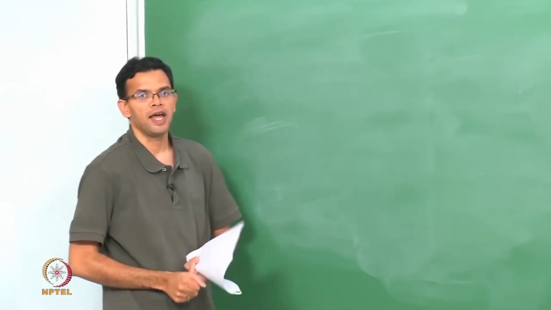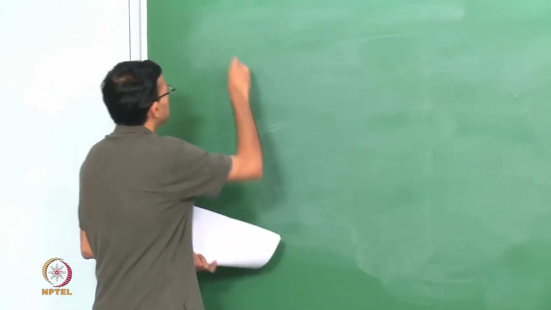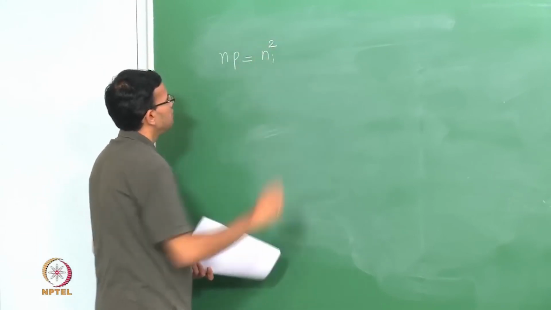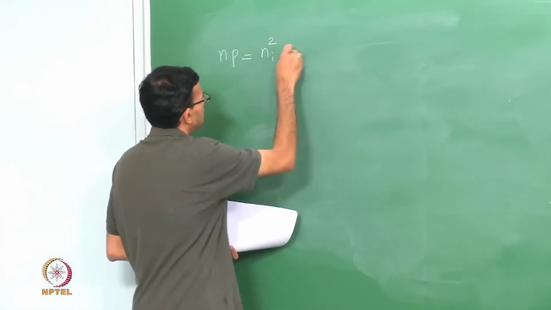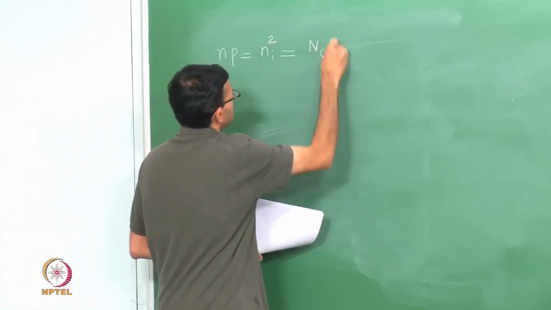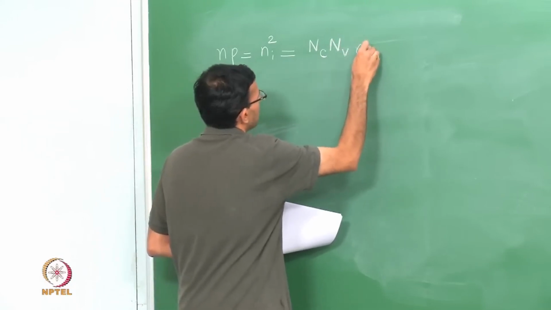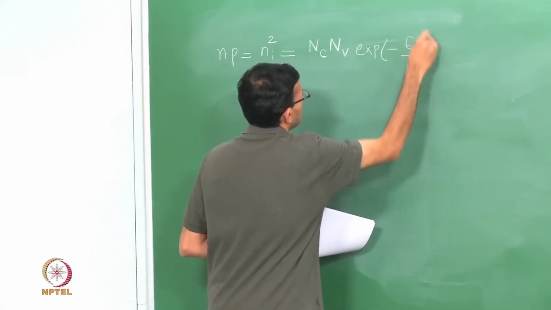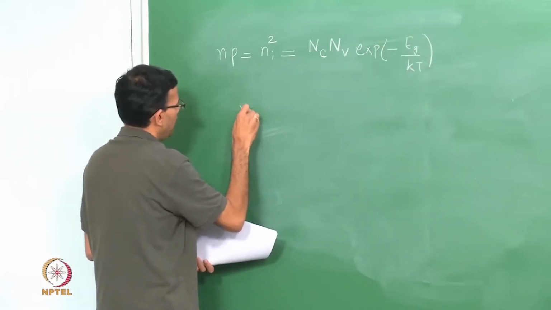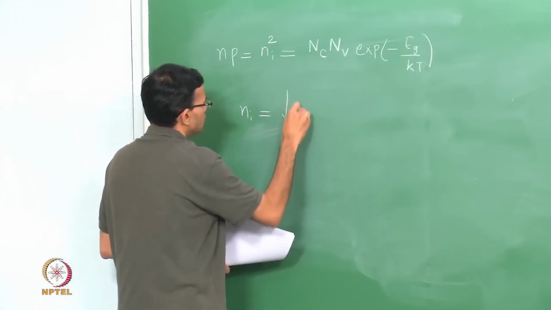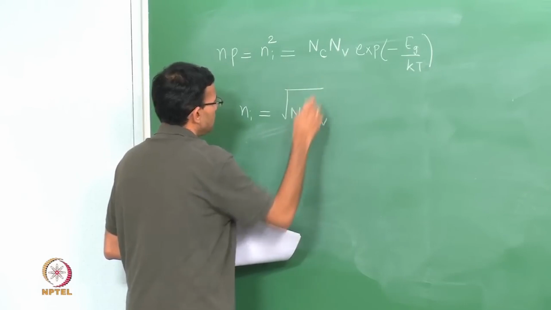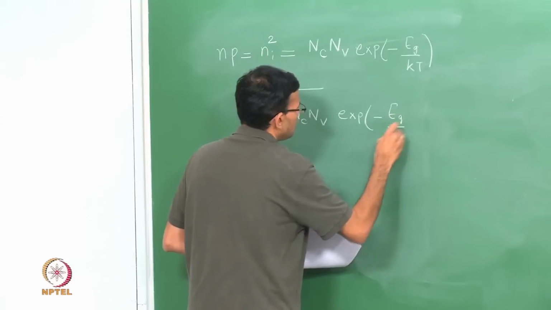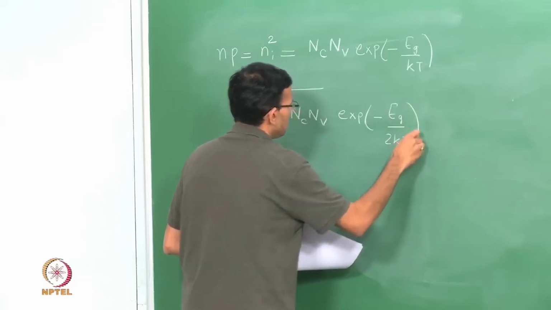So, for an intrinsic semiconductor, n equal to p equal to ni. If we make use of the fact that n is equal to p, then we can rewrite the expression np as nothing but ni squared, the square of the intrinsic carrier concentration, that is equal to Nc Nv exponential of minus Eg over kT, and then taking square root, you get ni is square root of Nc Nv exponential of minus Eg over 2kT.